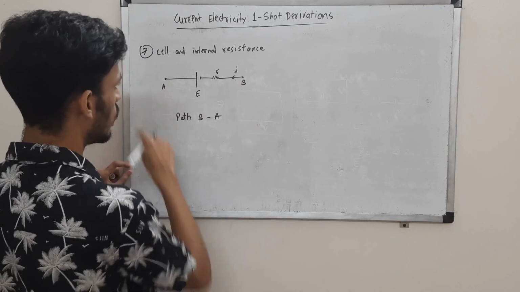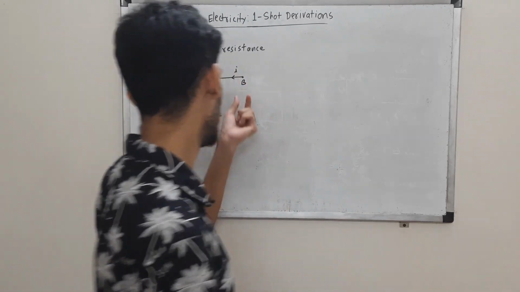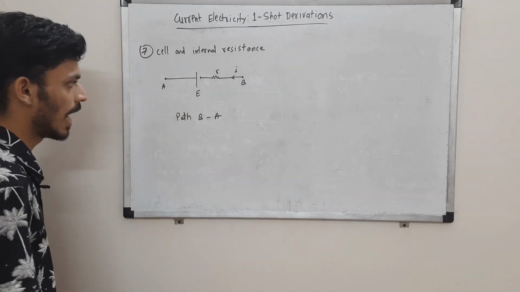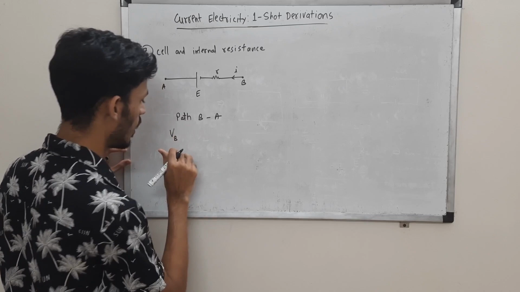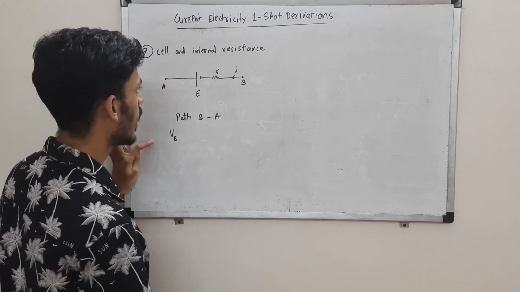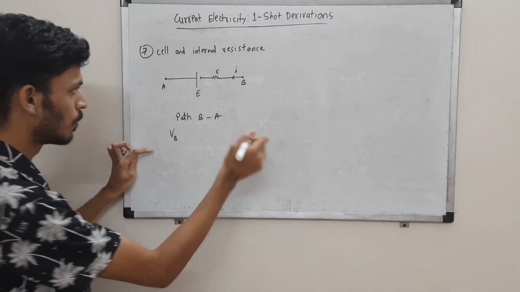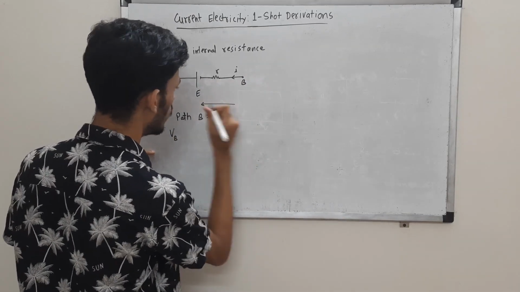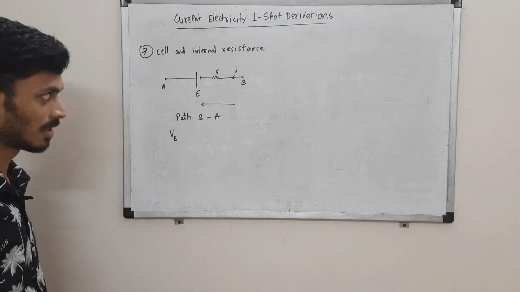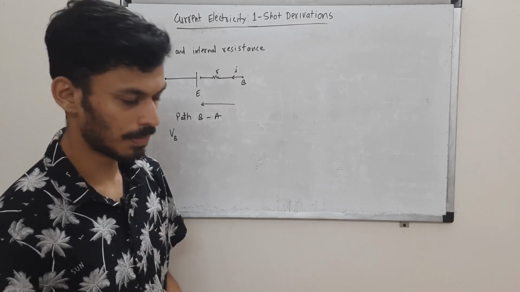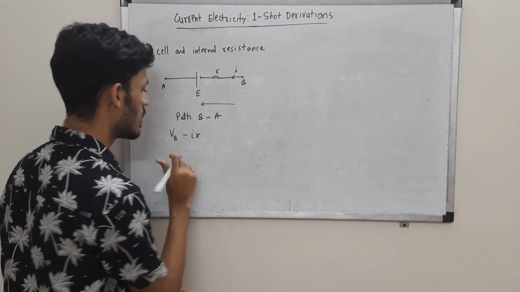We are moving from B to A, and we'll find a relation for the voltage difference between B and A. Starting at point B, let us suppose the potential is VB. Remember, we are moving from B to A, in this direction, so current and our sense of direction are the same, which means there is a voltage drop, minus IR.